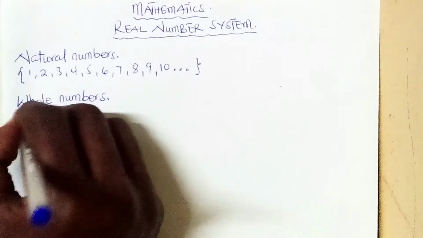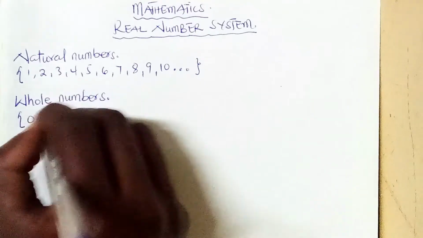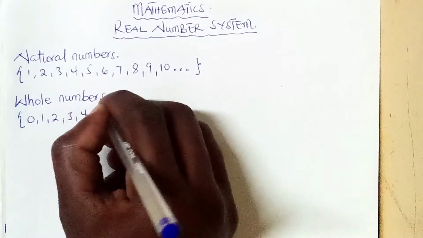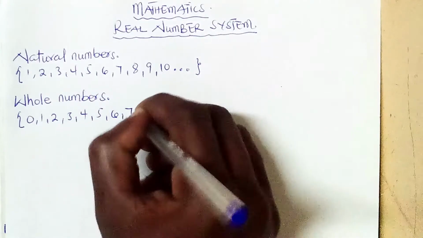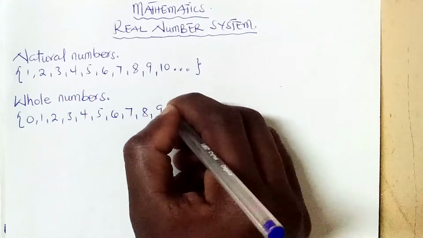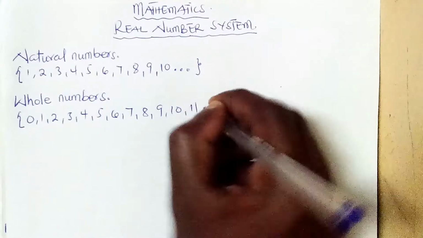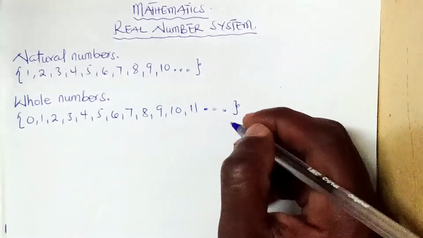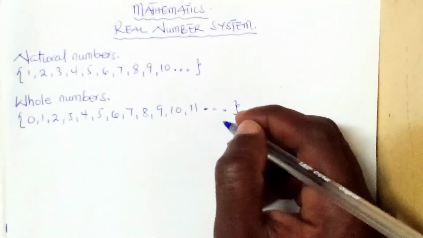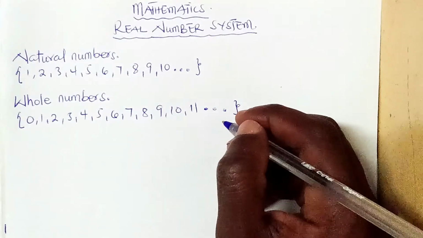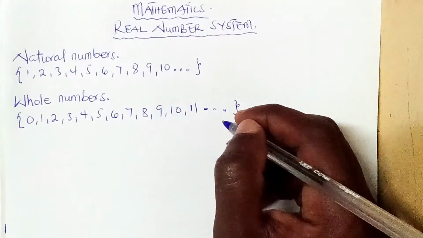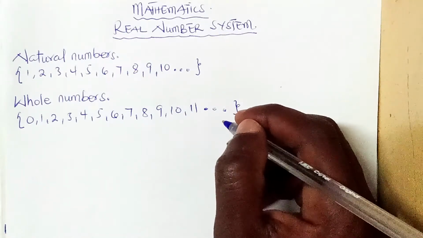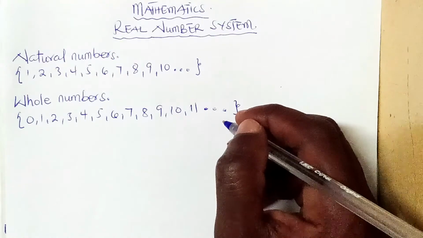So we have 0, 1, 2, 3, 4, 5, 6, 7, 8, 9, 10, 11 to infinity, with three dots to show it goes on and on. The difference between the natural numbers and the whole numbers is the 0. Whole numbers begin from 0, whilst natural numbers begin from 1.